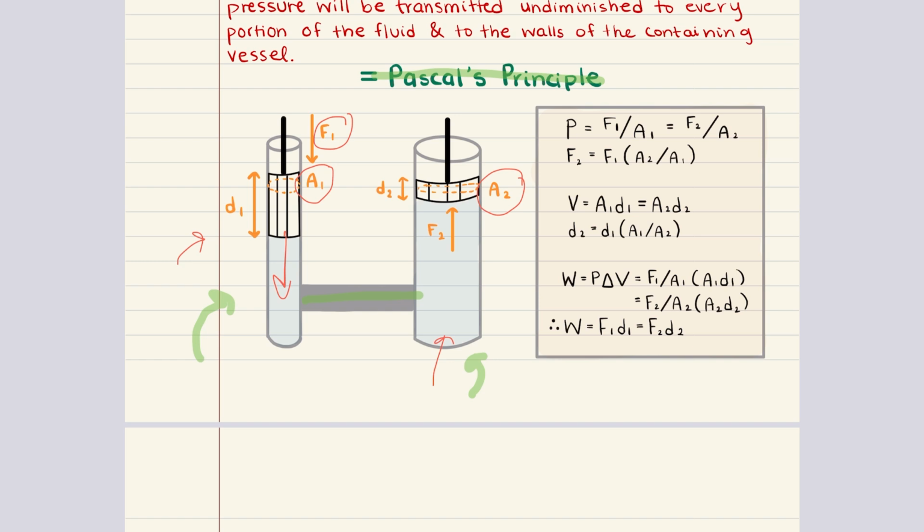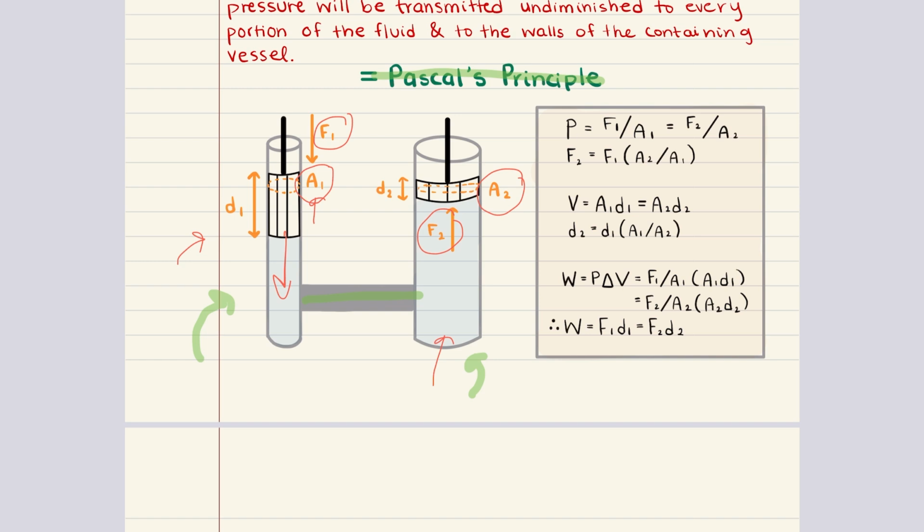Because the area of the larger piston A2 is greater than that of the smaller piston A1, the force F2 that is exerted by this piston will also be larger, even though the pressure is the same. And this is because pressure is force per unit area. For the same pressure, a larger area results in a larger force.